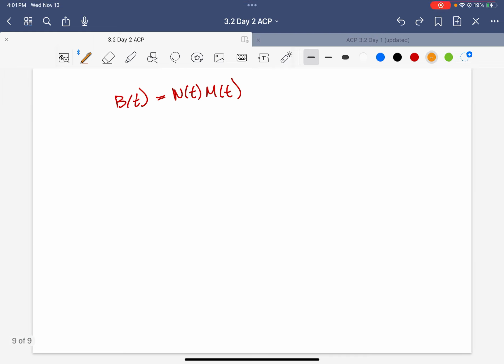Cool. All right. And this last one says your biomass is equal to N, which is the number of individuals, also known as the population, times the average mass.